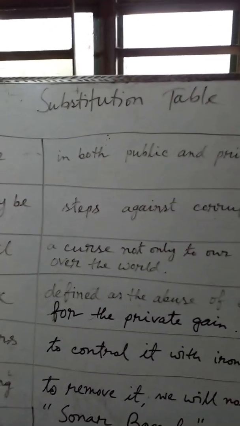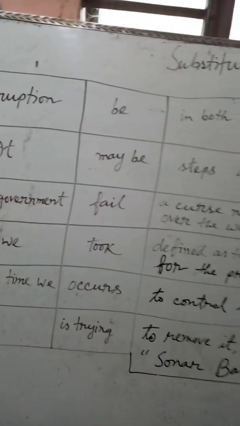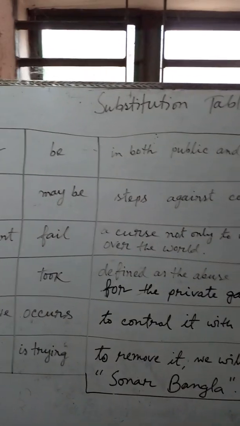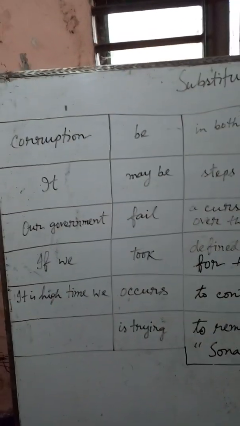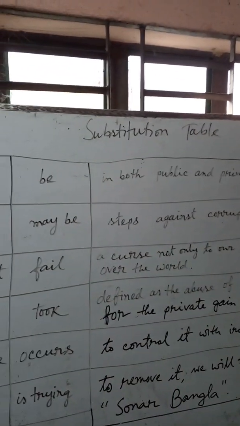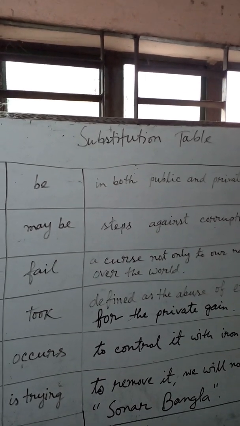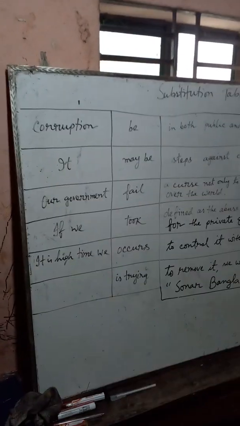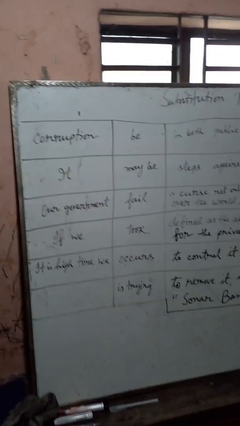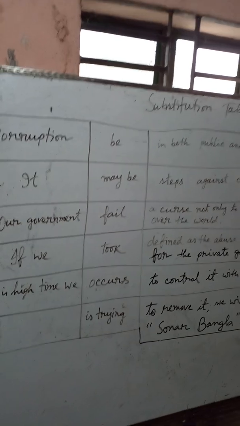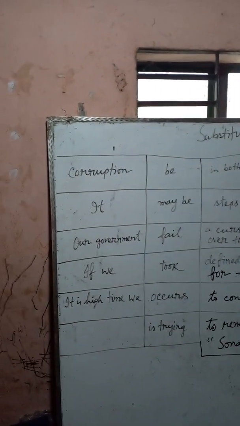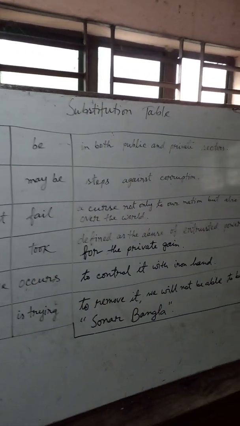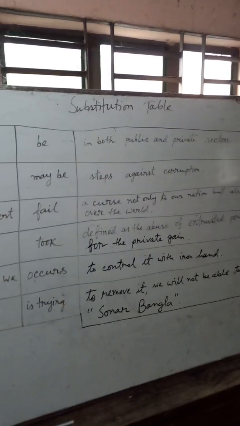I am taking this class for the students of SSC examinees, but the students of classes 8, 9, 10, or even SSC examinees can take help from my class. Like other days, be ready with your pens and notebooks.